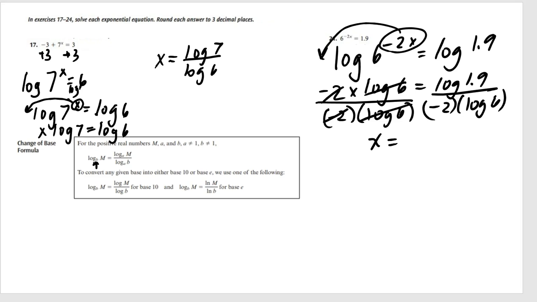And I'll end up getting the exact same thing I did a minute ago. I'll get the same value, just a different way to get there. I'm just going to show you that because they're going to introduce that throughout this section in the PowerPoint and the book. And you can use either method you like.